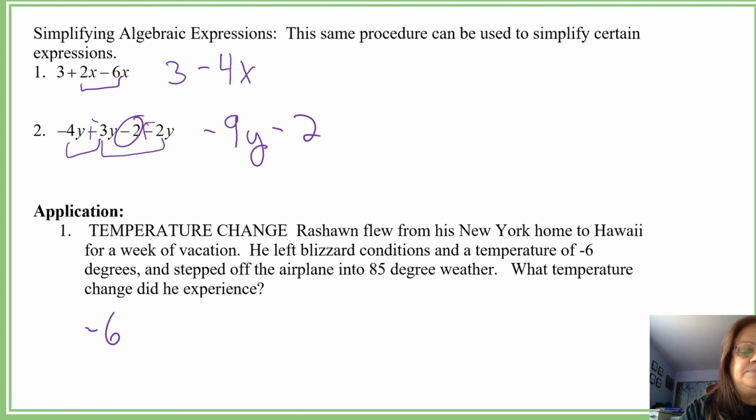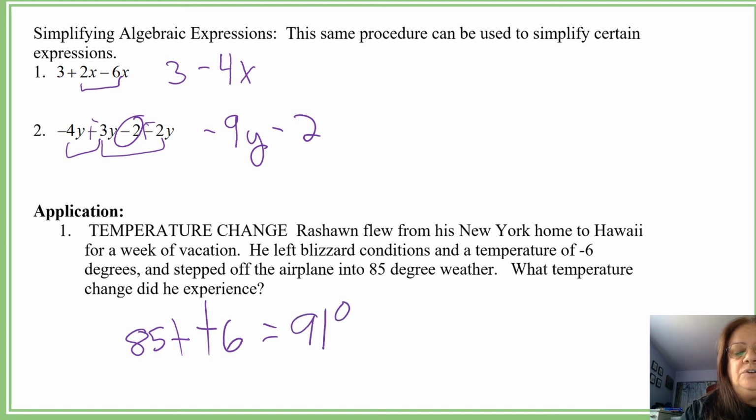His current temperature was 85, and we subtract his previous temperature. Well, that becomes plus a positive, sorry. So I end up with a 91-degree temperature change. Okay, and we are done with number 5.